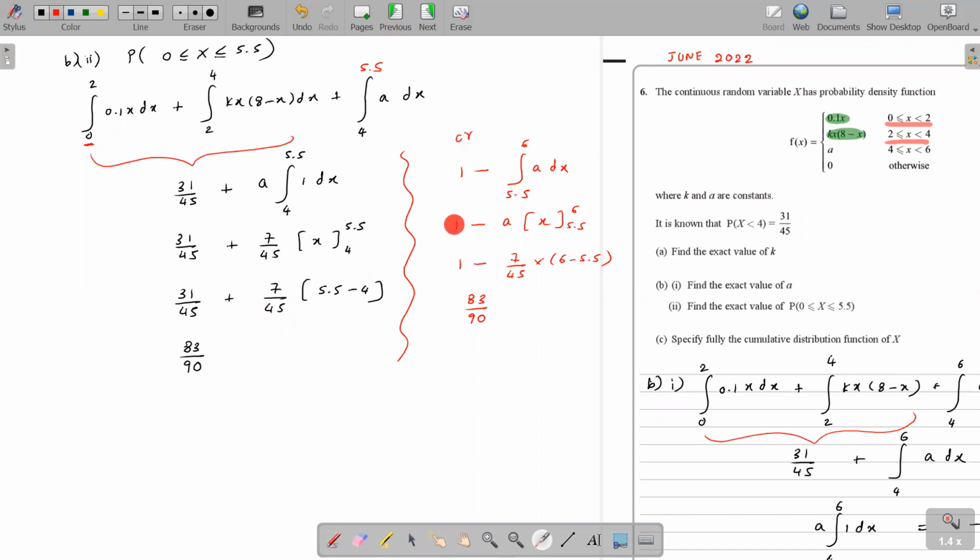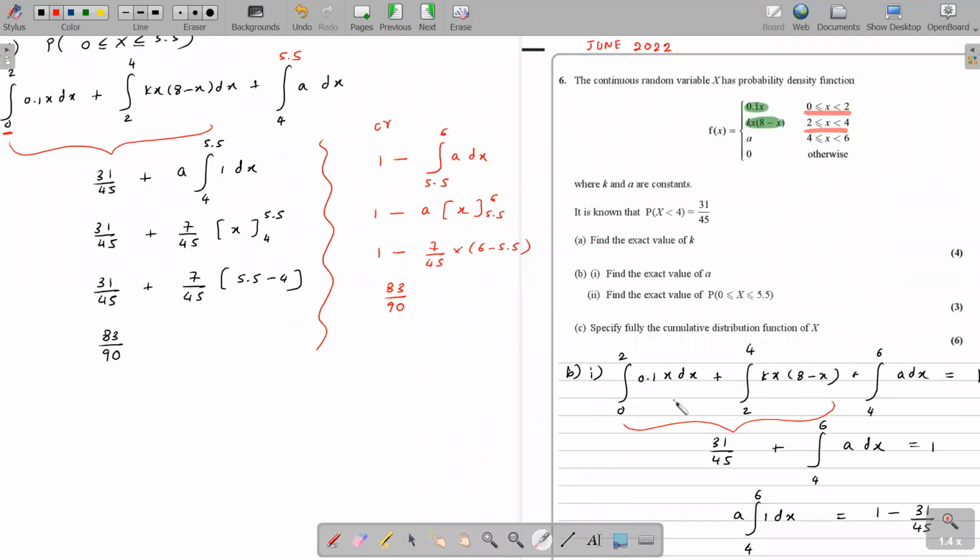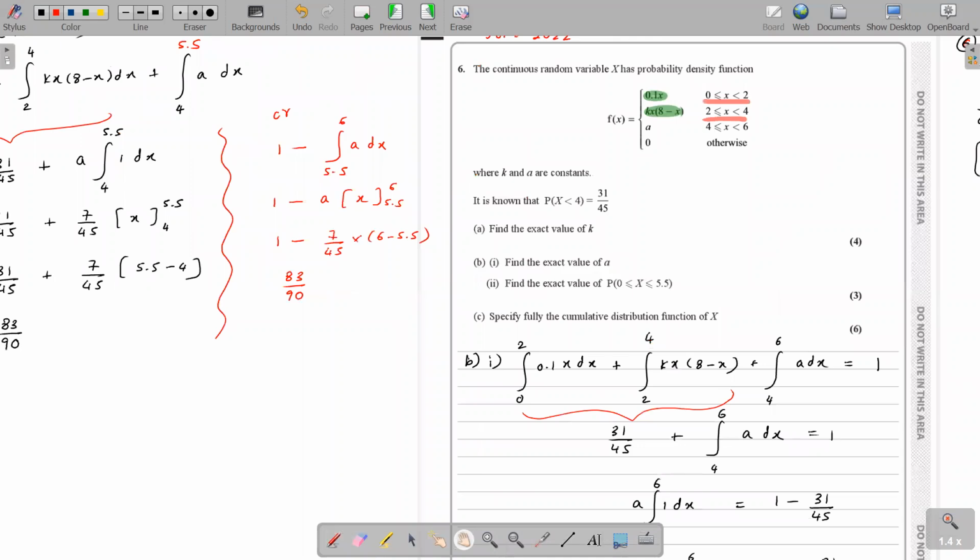So I have also given an alternative option here for those of you who prefer another way. Basically, you know the total area, right? The total area of all these three parts will be 1. So from 1, I'm going to subtract the region that I do not need.